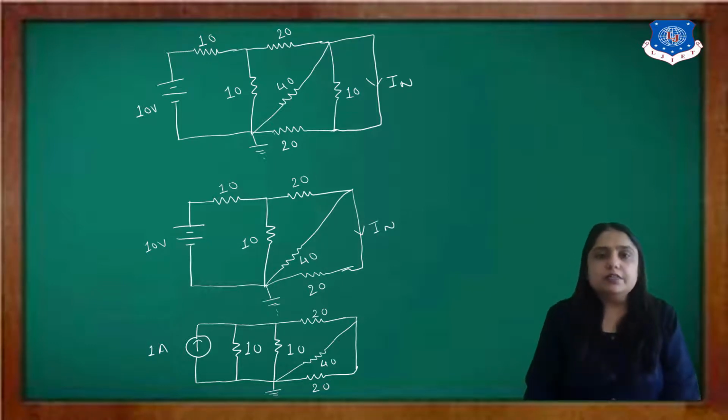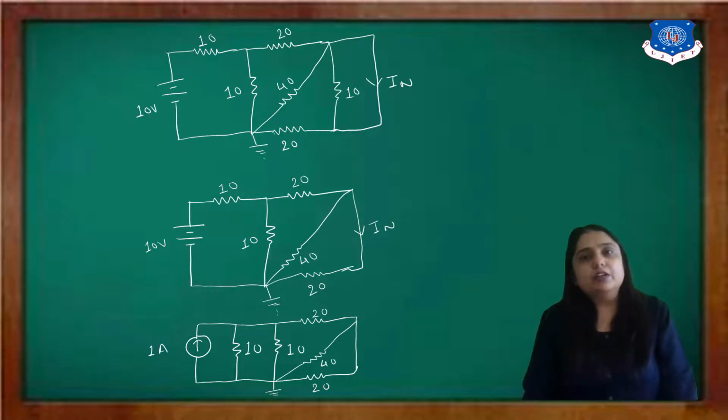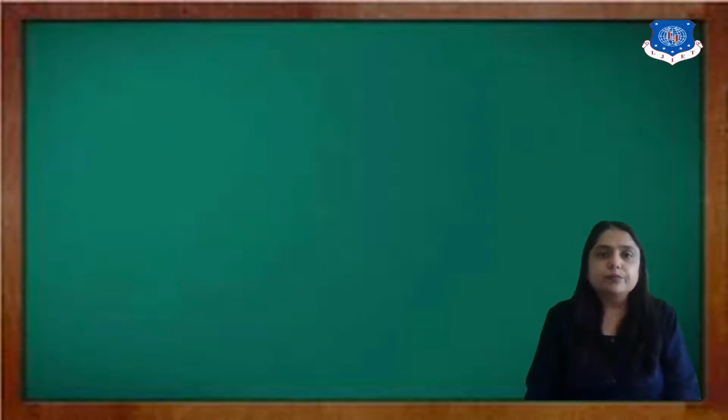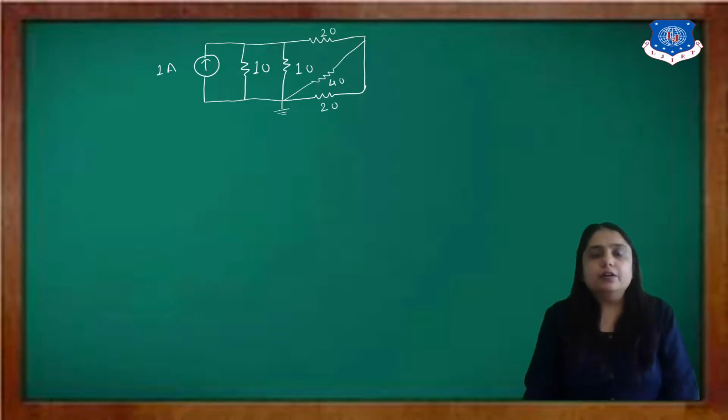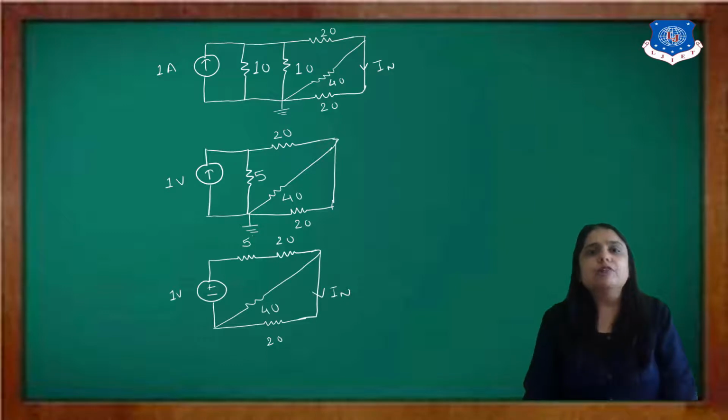Or in other words, whenever two resistances are connected in parallel and the value of the resistance is the same, then the equivalent parallel resistance is half of the value. That is 10 divided by 2, that equals 5. So here in this 10 parallel 10, we get a 5 ohm resistance, and the rest of the network is as it is.